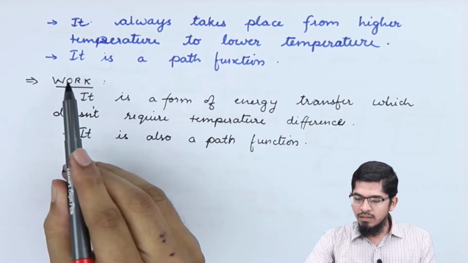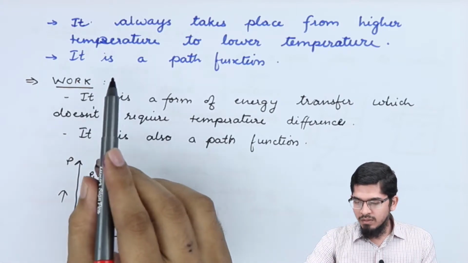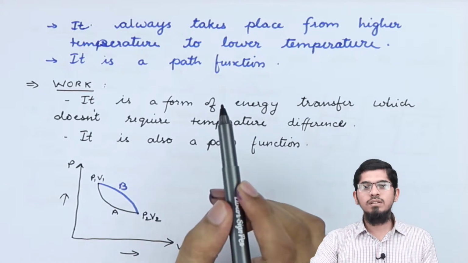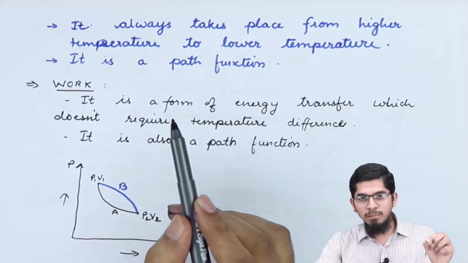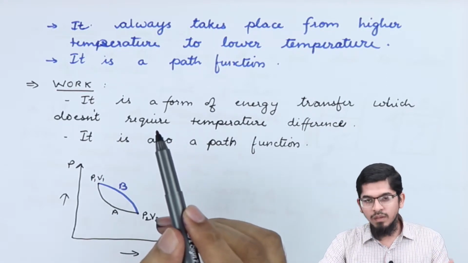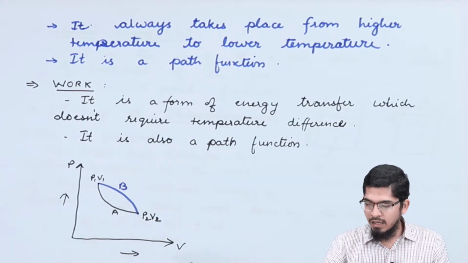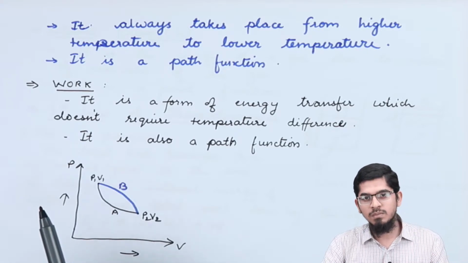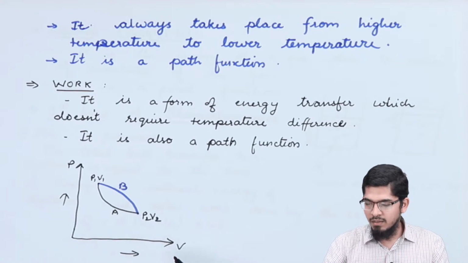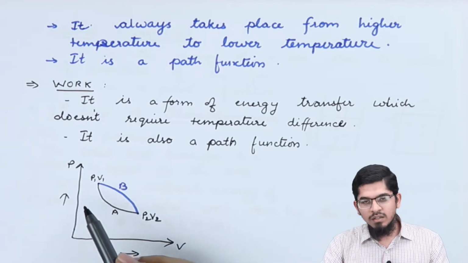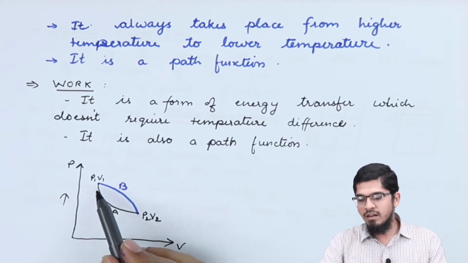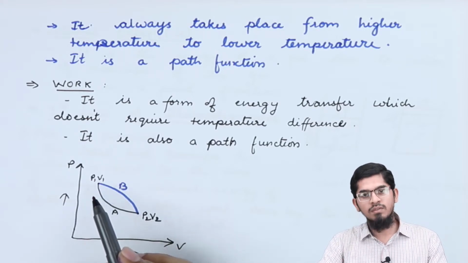One more thing which you might not know, but you need to remember, is that heat is a path function. What does it mean? It means that heat depends on the path along which it is getting transferred. You must have studied in the previous topic some diagrams, we call them PV diagrams, pressure volume diagrams. Suppose this is a pressure volume diagram and there is a gas which is undergoing some change. Initially its pressure was P1 and volume was V1.